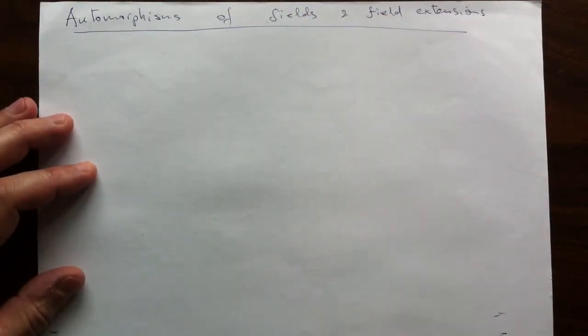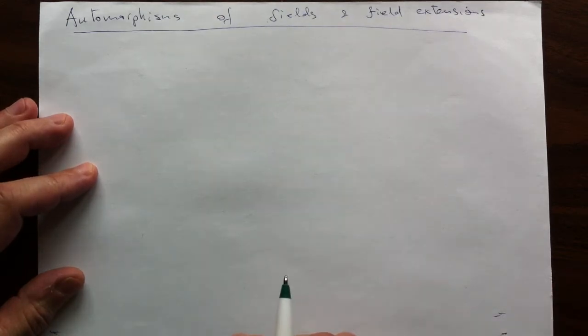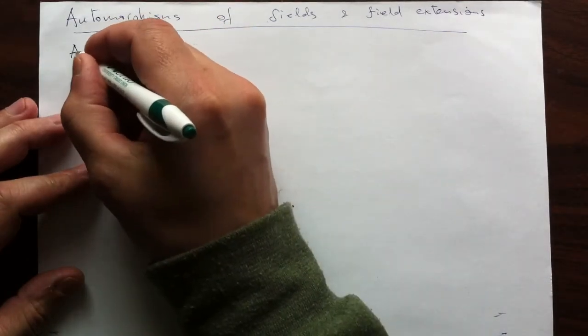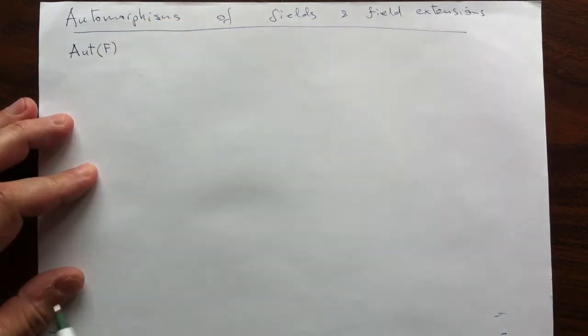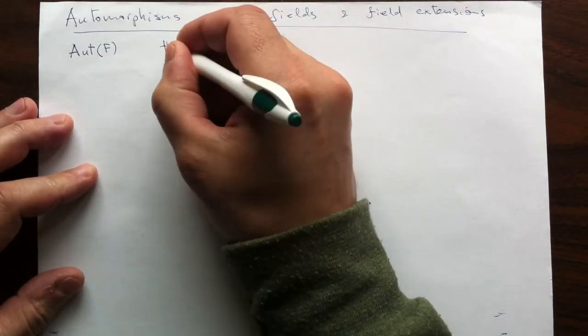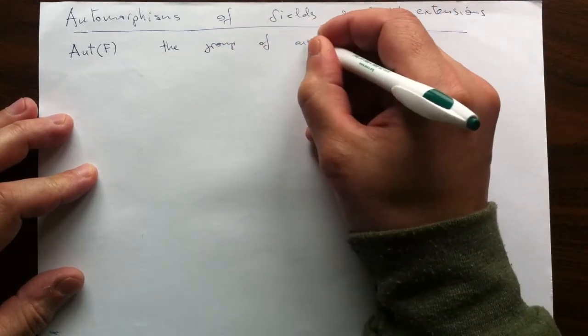The definitions are pretty generic and they work for rings or algebras, just to set up the notations. Aut of F, if F is a field, is the group of automorphisms.